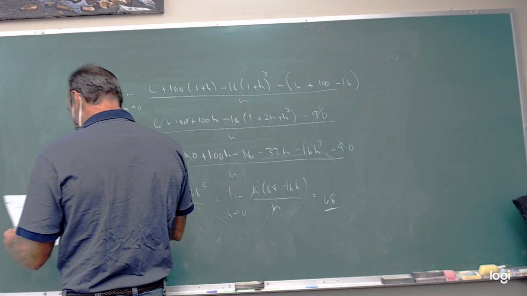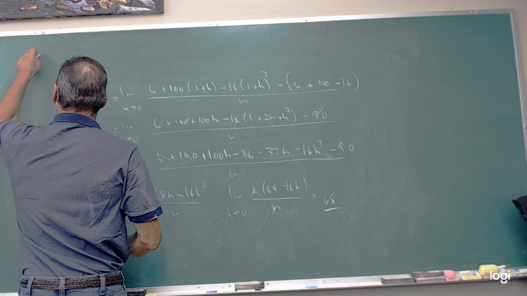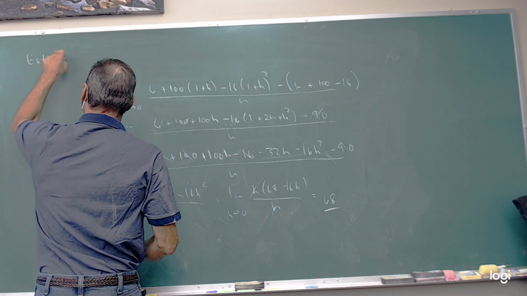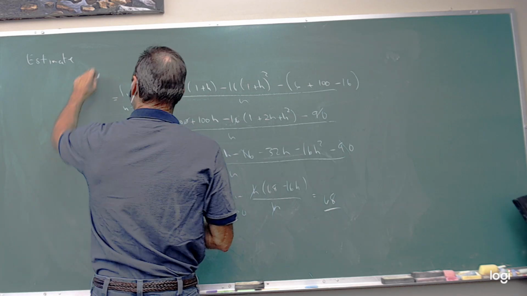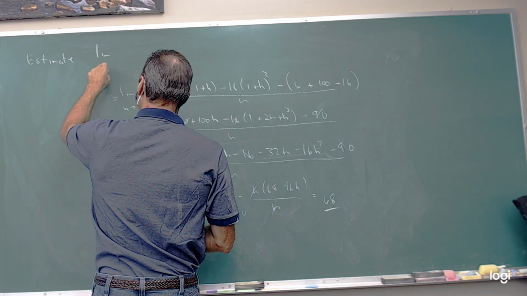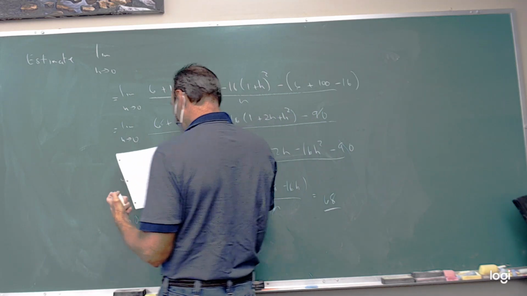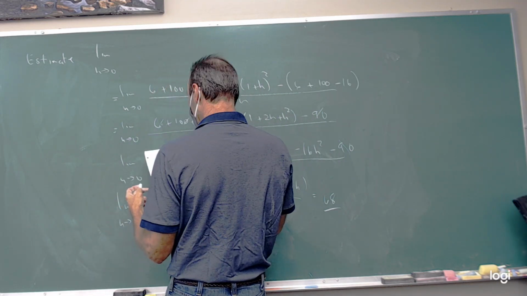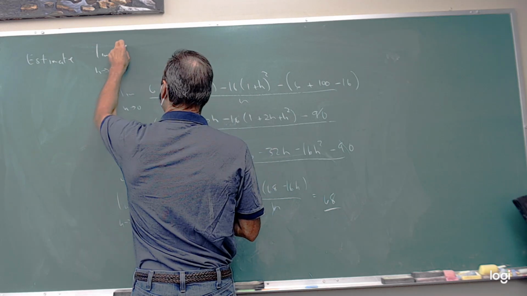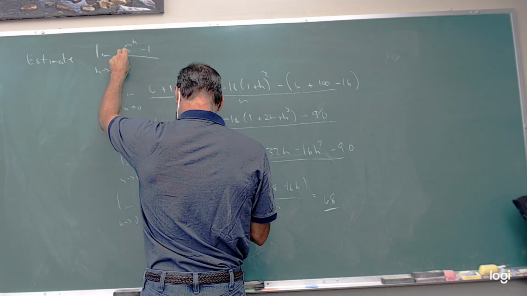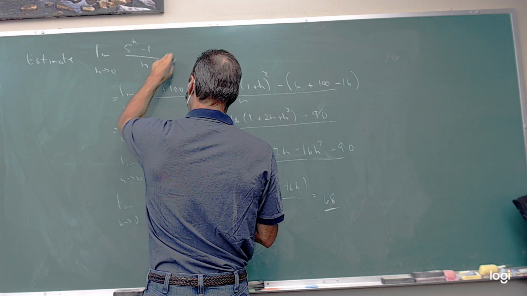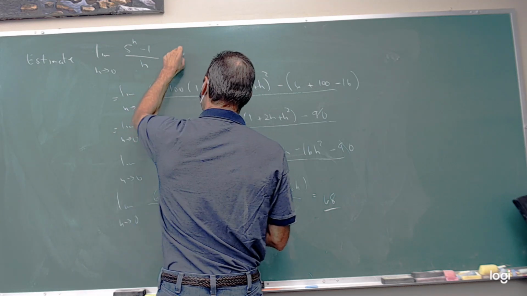So can you estimate the limit as h? This is the kind of question you'll see on your homework tonight. So it seems like it's not telling you enough information. The limit as h goes to 0 of 5 to the h minus 1 all over h using your calculator.